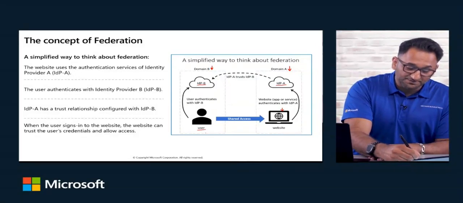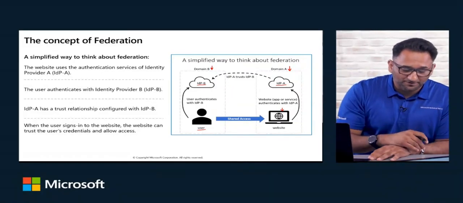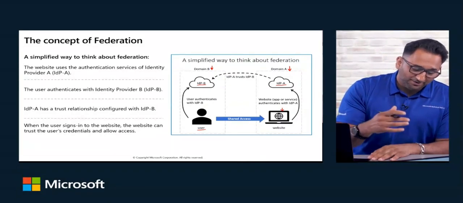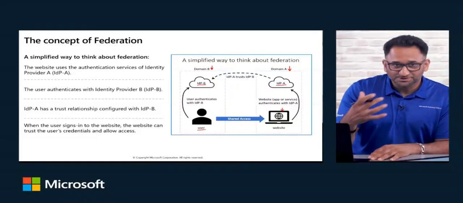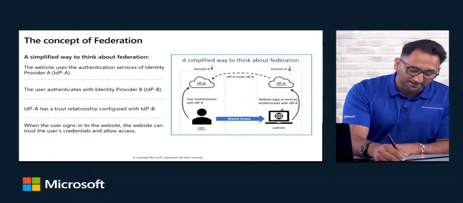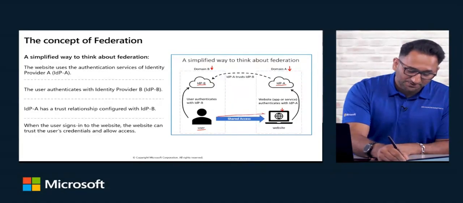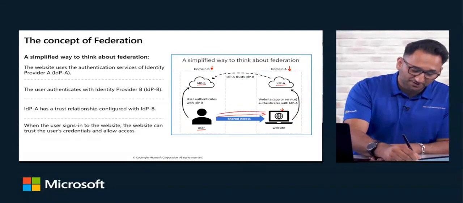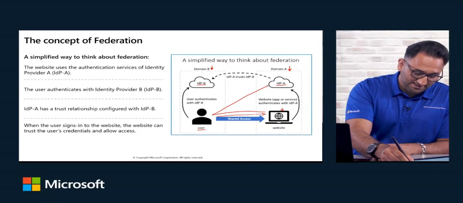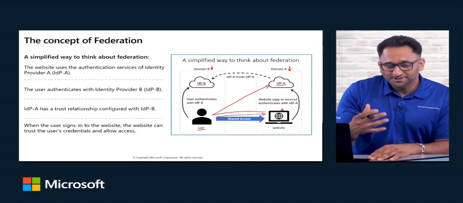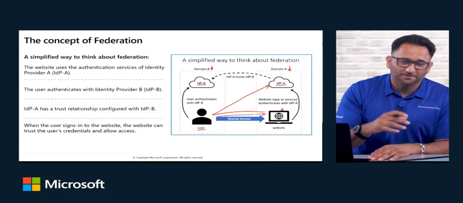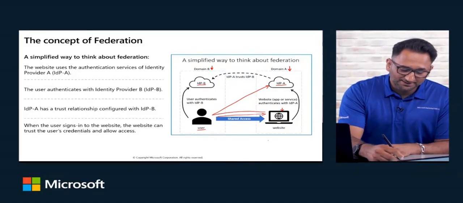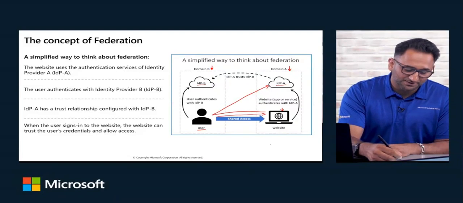We have a user that sits within domain B that has a trust built with identity provider B, or has authenticated itself to identity provider B. Now, if this user tries to connect to this website, which is in a completely different environment or domain, what typically will happen is this user's access request is simply forwarded back by the website to the identity provider that the website trusts, in this case, identity provider A. Now, identity provider A might not have any details about that particular user, and it won't be able to authenticate that user directly.